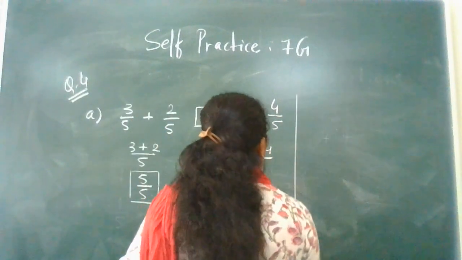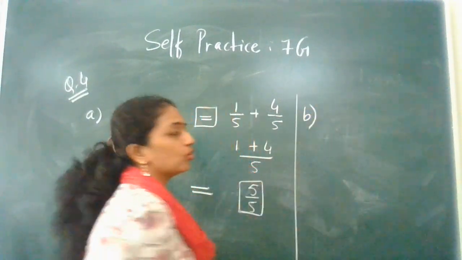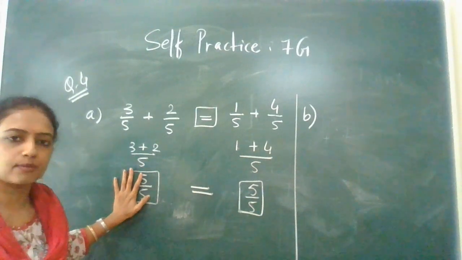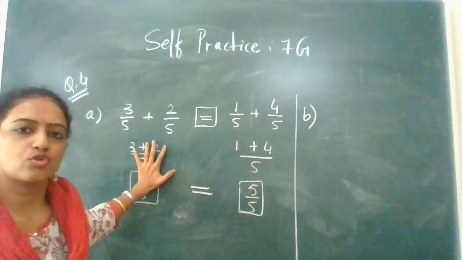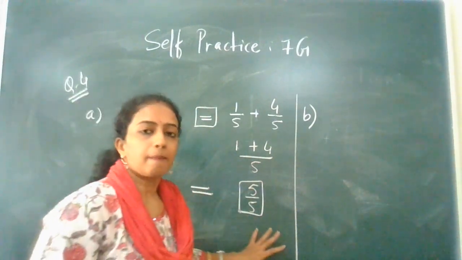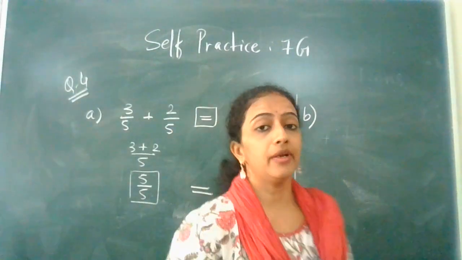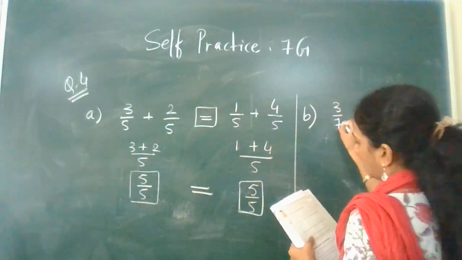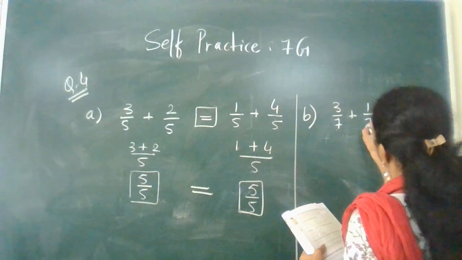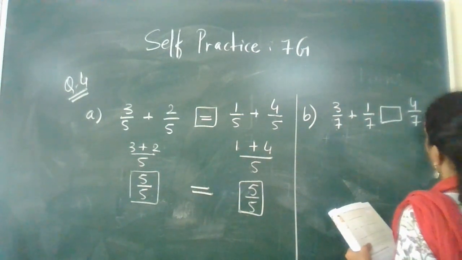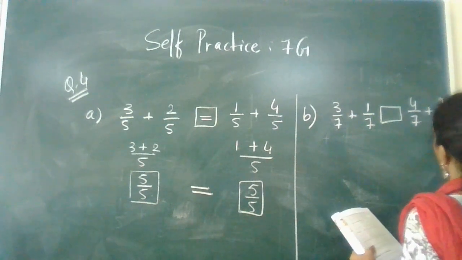Now let's do B. As you have to show this calculation, you cannot do it in the textbook. In the classwork you have to show this calculation with a proper calculation. Okay, now here 3 upon 7 plus 1 upon 7, and here 4 upon 7 plus 2 upon 7.